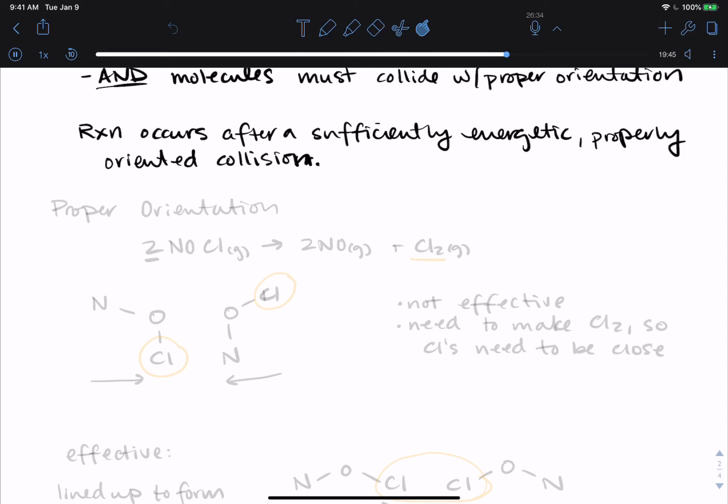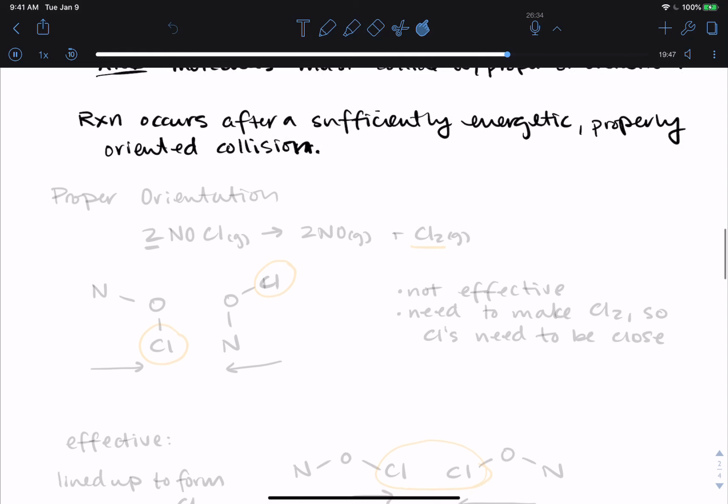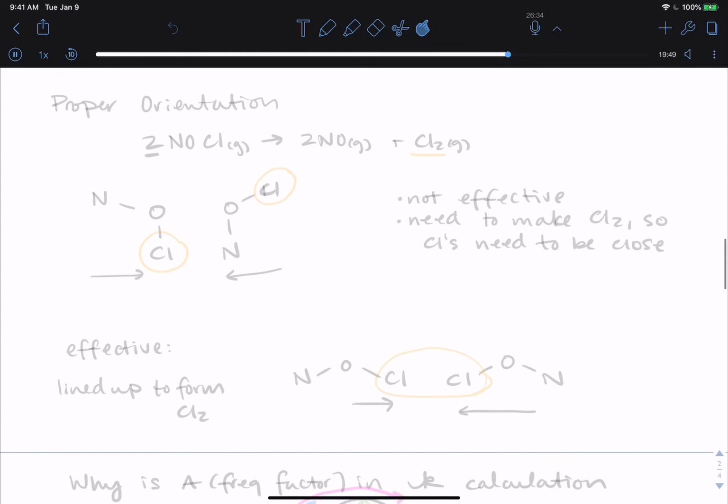Okay, so I'm going to draw a picture of what this means and then put it all together with a little summary about it. So, what proper orientation means.